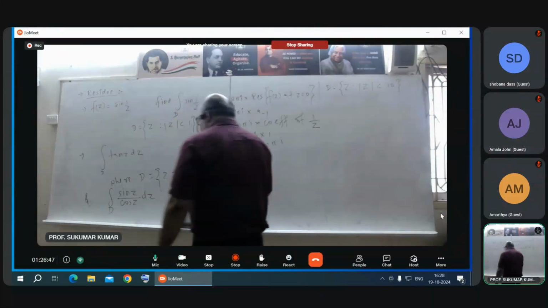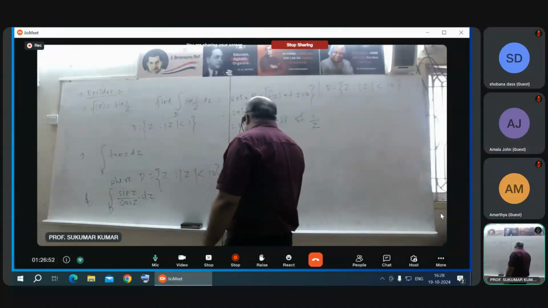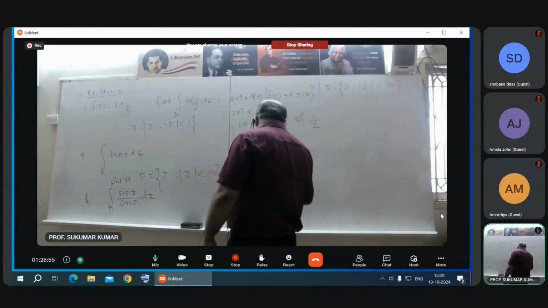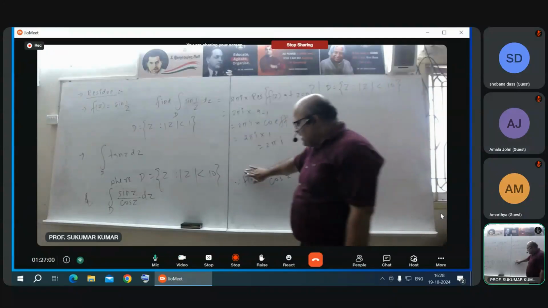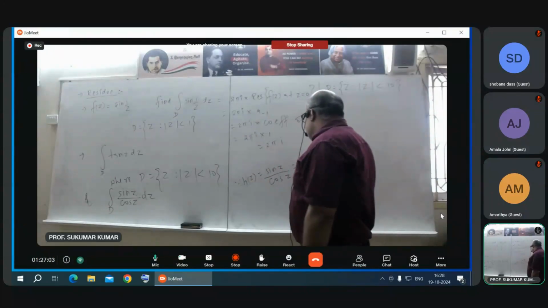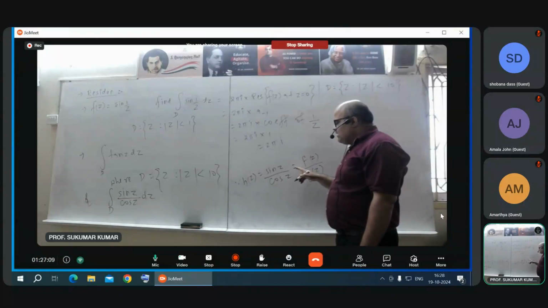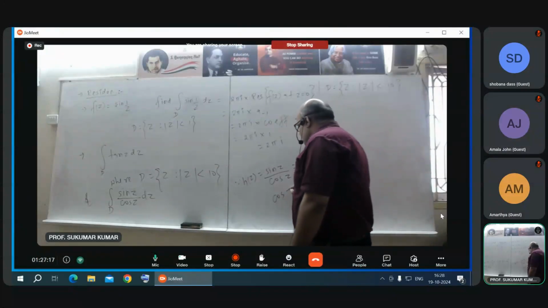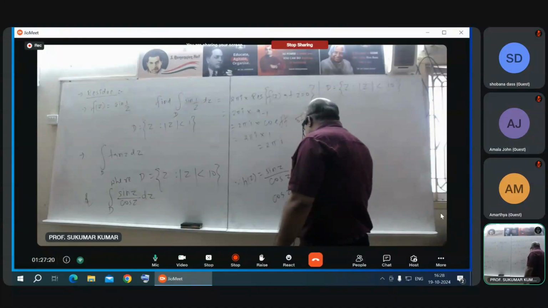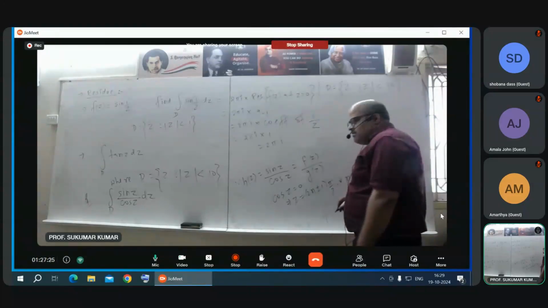Suppose I give, you can go by the common formula or you can go by a theorem. Our f of z given is sin z by cos z. I give now f of z by g of z, one theorem. Suppose this is h of z, f of z by g of z. This is analytic at a. Means at which points are the zeros analytic points? So cos z is equal to 0, z is equal to (2n plus minus 1) pi by 2 for all n belongs to integers.